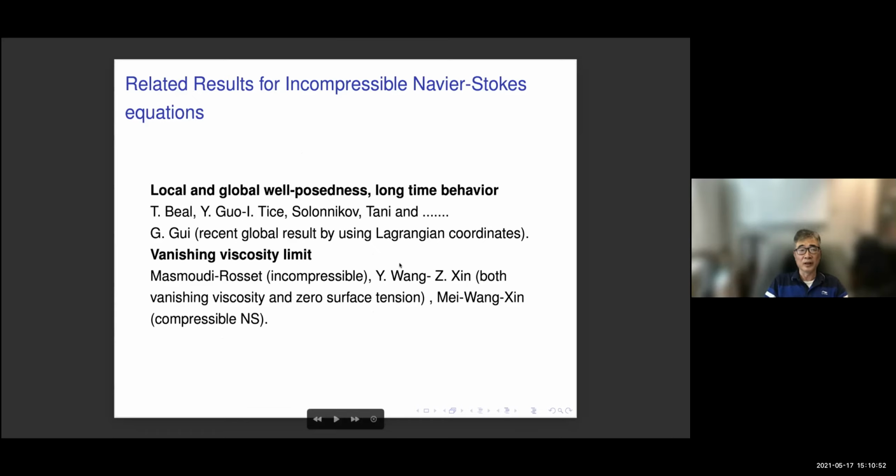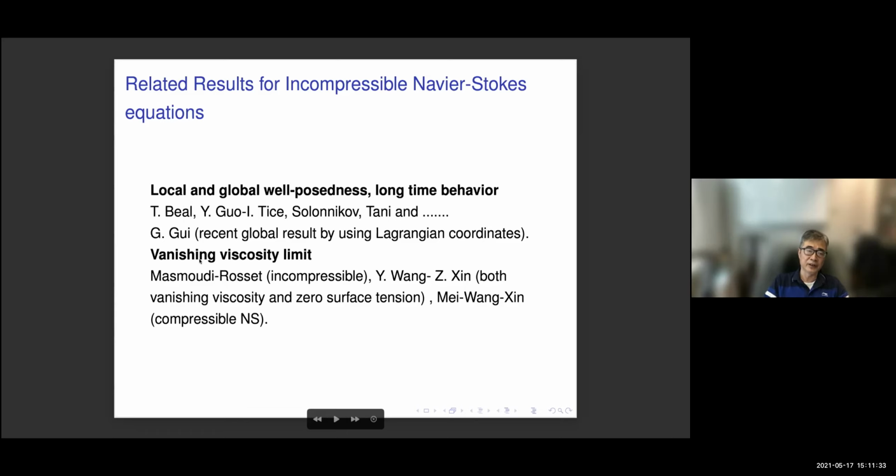So just now I talked about the results about the incompressible Euler equation, and for the incompressible Navier-Stokes, the local results and the global well-posedness and long-time behavior were done by, for example, Beale, Nishida, Guo, Tice, and those people. And for the vanishing viscosity, because here I mainly talk about the inviscid flow, I want to emphasize the connection between the Navier-Stokes and Euler.